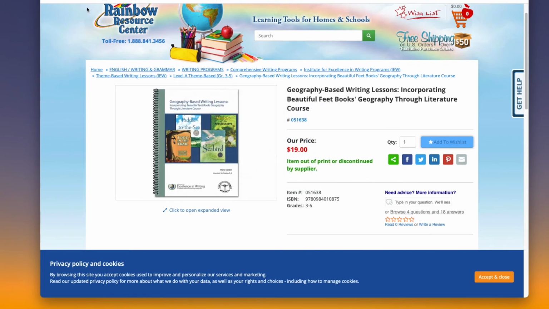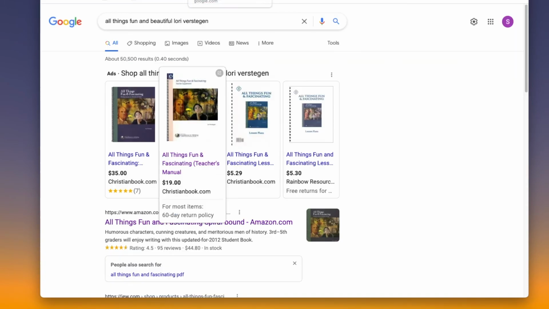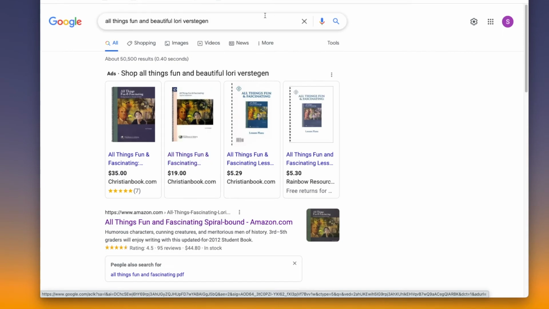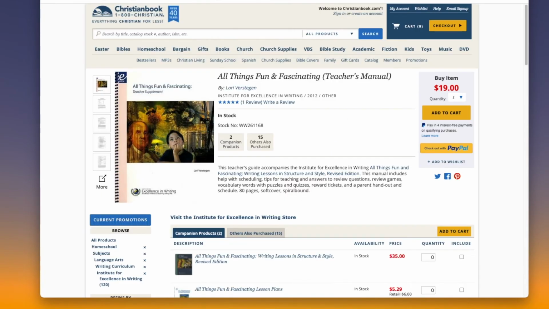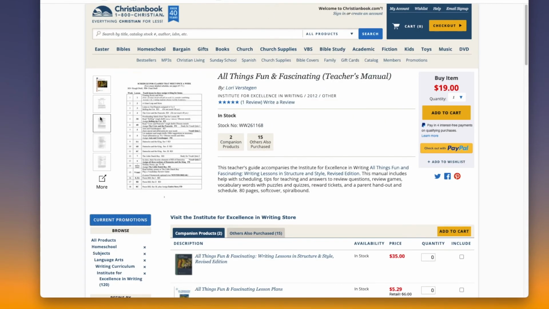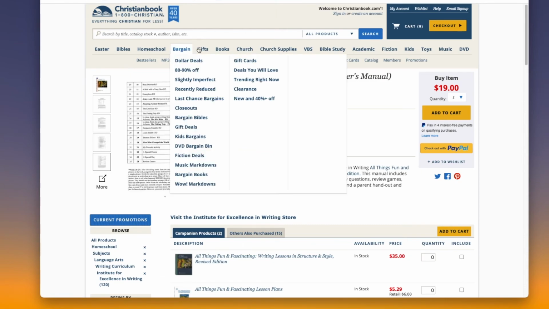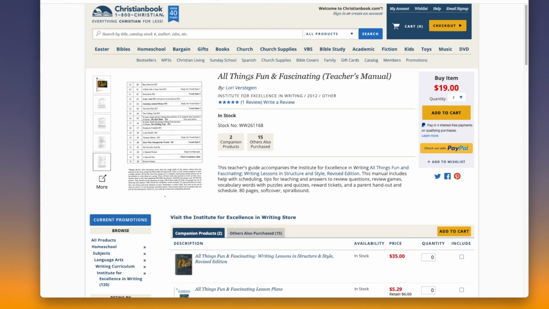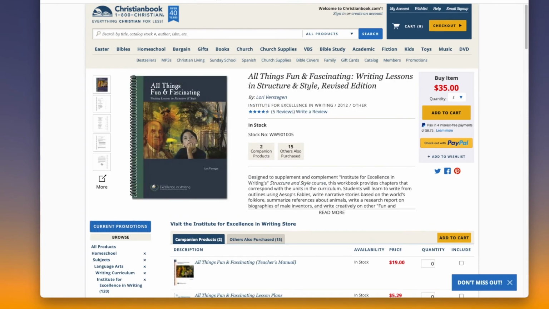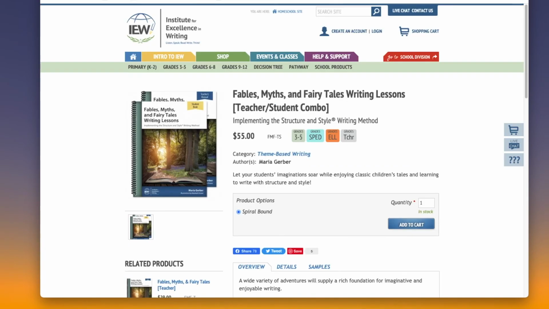Here's your ISBN. Another option they mention is All Things Fun and Fascinating by Lori Verstegen. I believe this is a Christian-based program, but I am not sure. So you could look into that more. You can find it at a Christian bookstore. And another one they recommend is the Fables, Myths, and Fairy Tales.